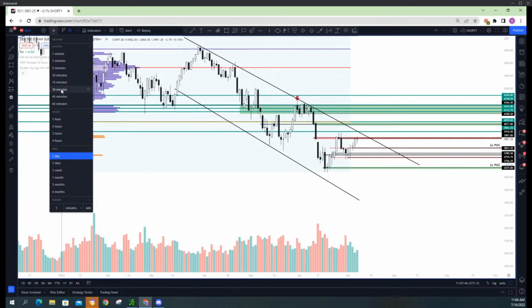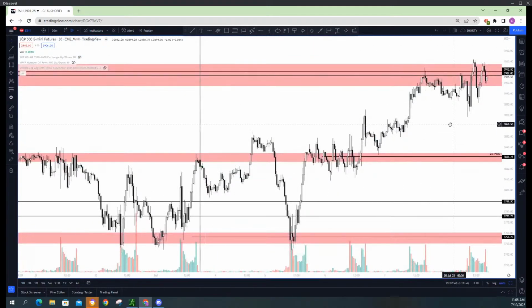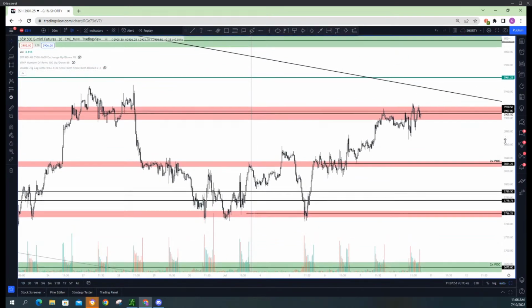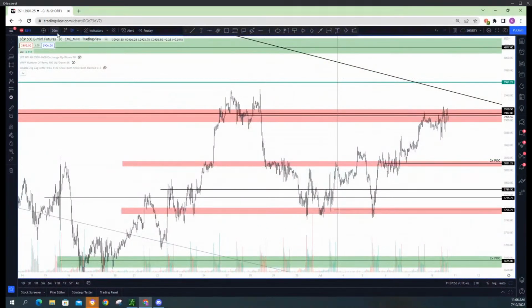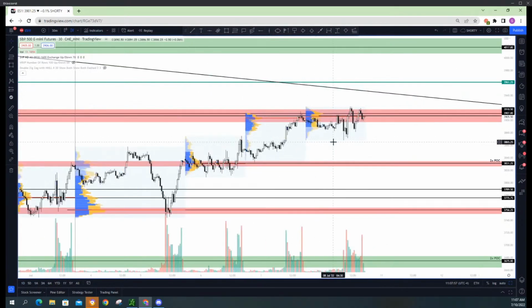Okay. So now that we got ES, I think we actually got most of the levels identified for it. So, let's see, 30 minutes. Your value area low is right here. This one is more relevant.